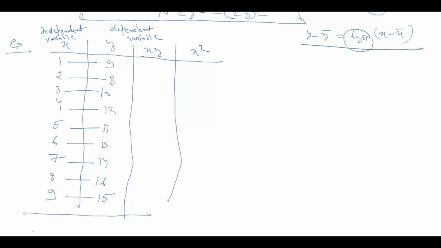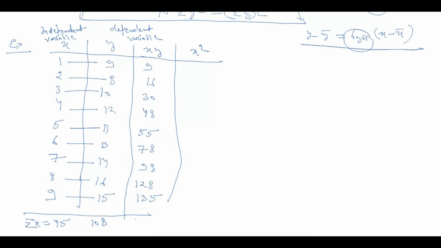Here if you sum the x, sigma x will be equal to 45, sigma y is 108, and xy will be 9, 16, 30, 48, 55, 78, 98, 128, 135.